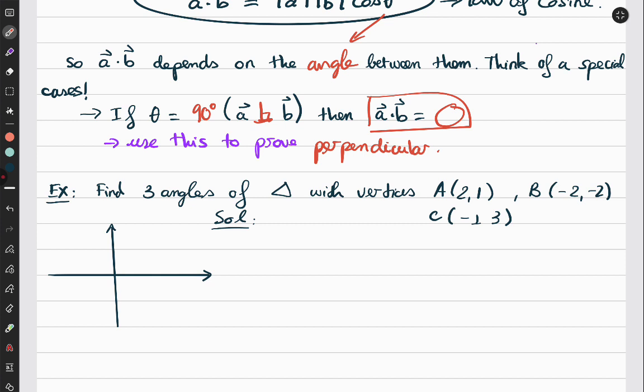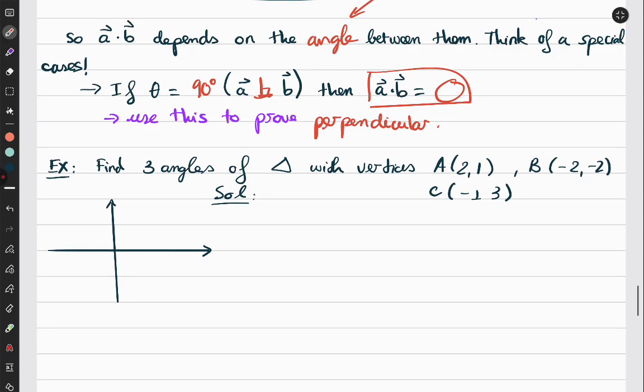Okay, let's do an example. Find the three angles of this triangle with vertices A, B, and C. A is 2, 1, maybe here, roughly. B is negative 2, 2, down here.